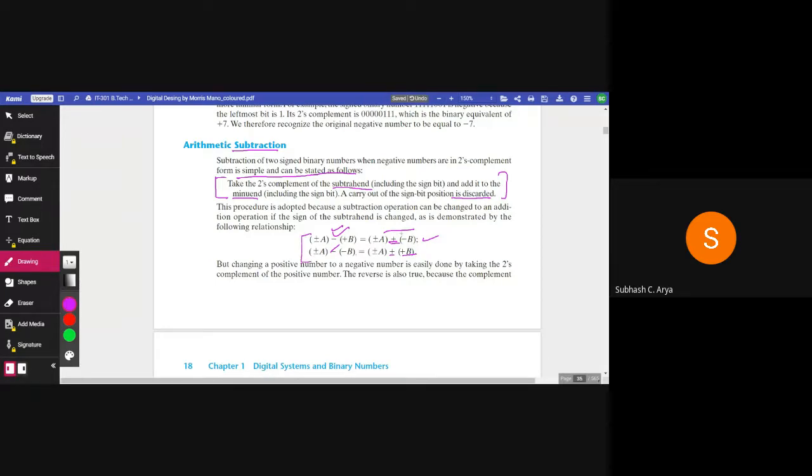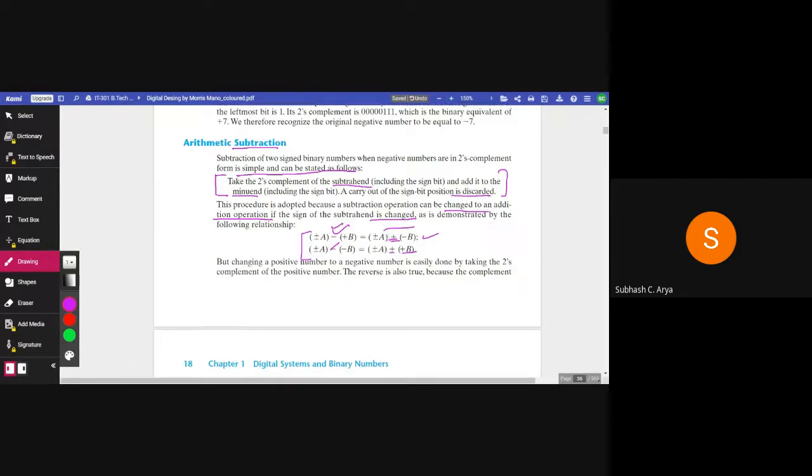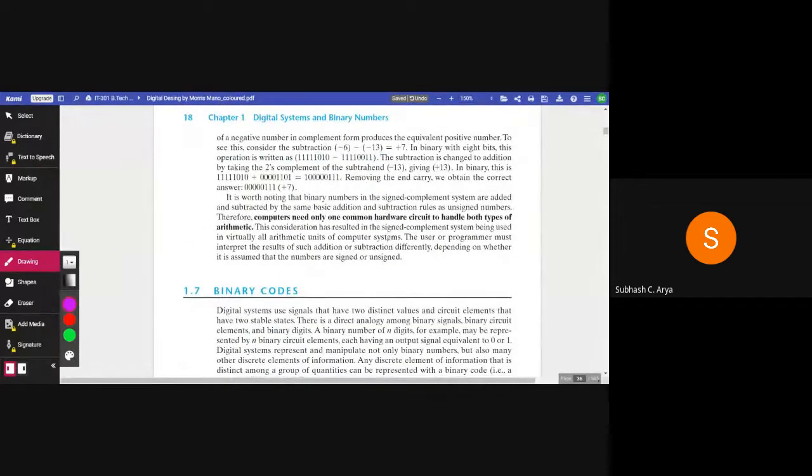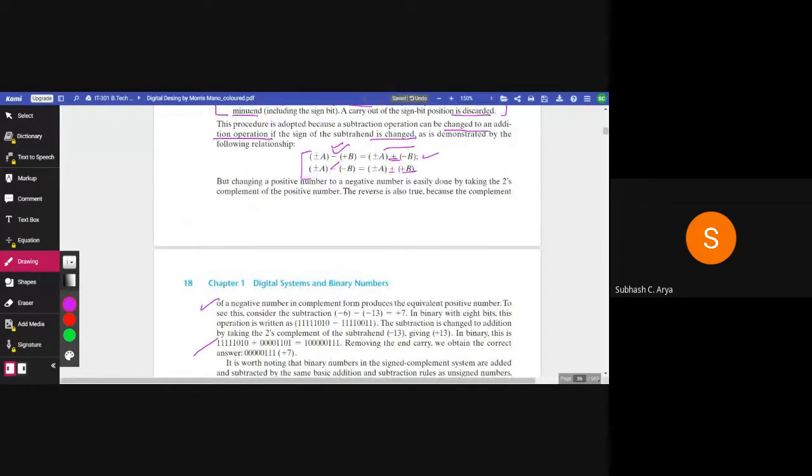Only we have to do it now with the help of 2's complement. So this procedure is adopted because a subtraction operation can be changed to an addition operation if the sign of the subtrahend is changed, as demonstrated by the following relationship. So we can take an example and perform these operations. Clear? Class, any question?